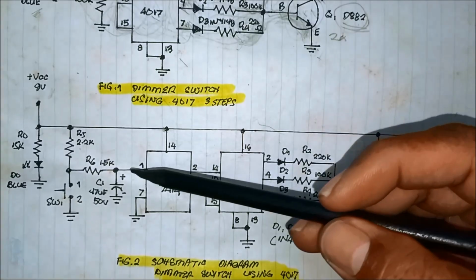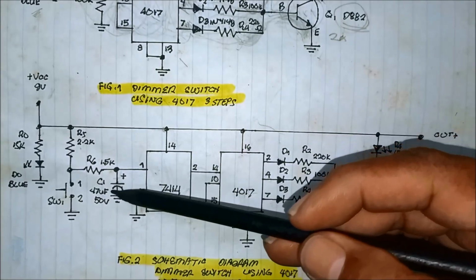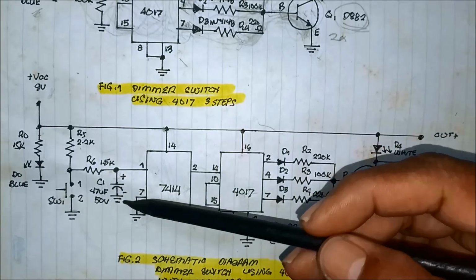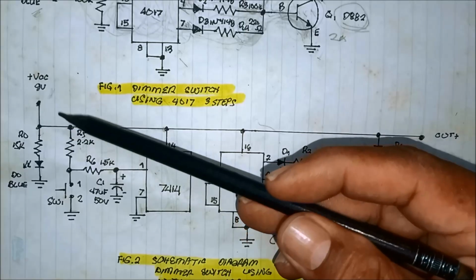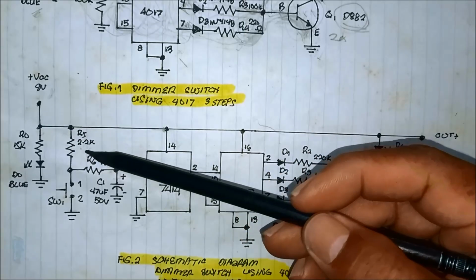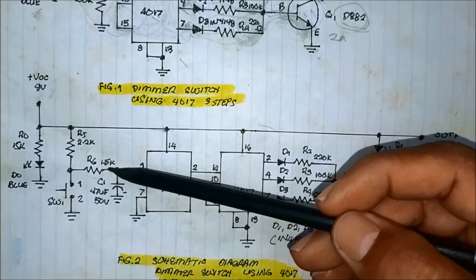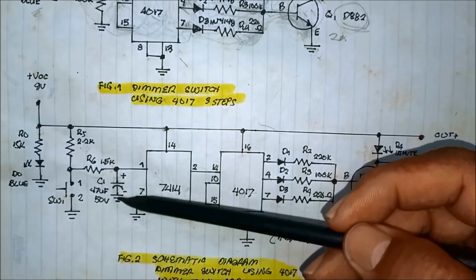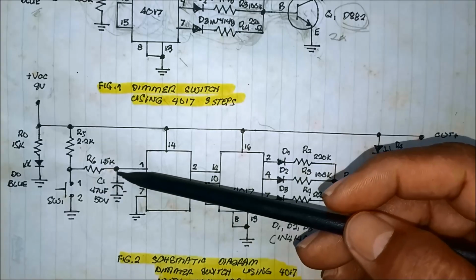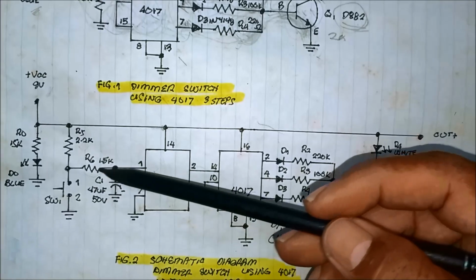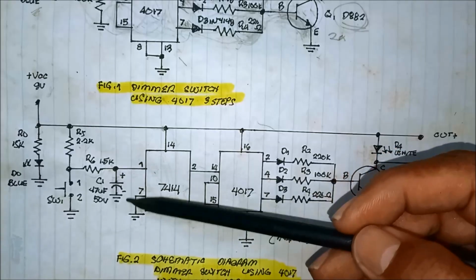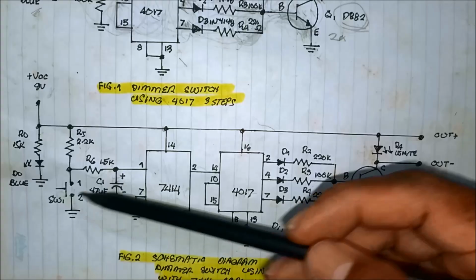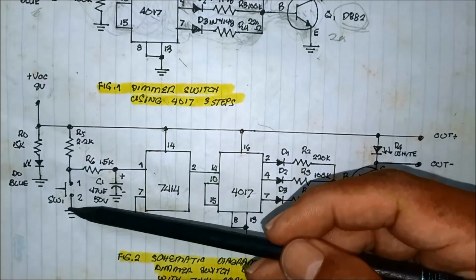And then we are using a capacitor, 47 microfarad 50 volts. Initially the current flows into the 2.2K and then to the 1.5K, charging this capacitor. So it is continuously charging. And then once we press the switch here, it will discharge through the ground.